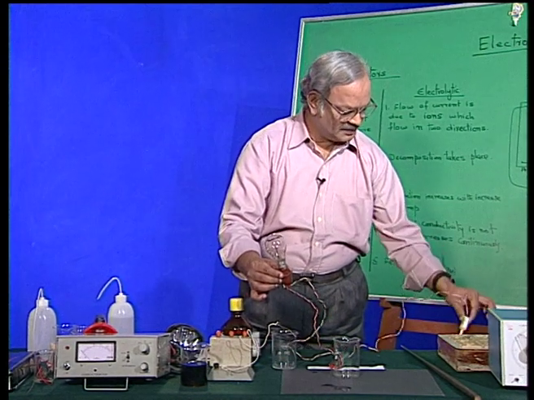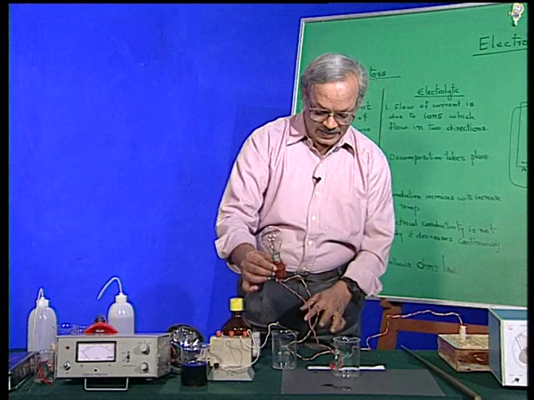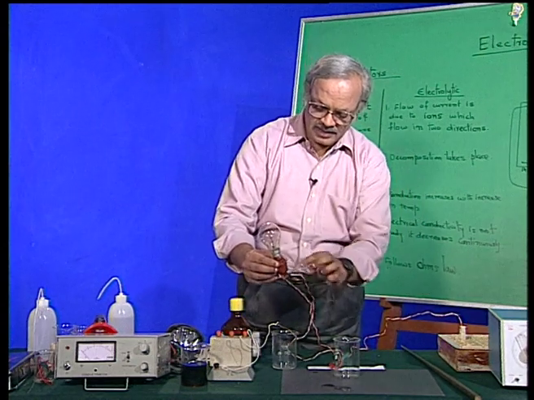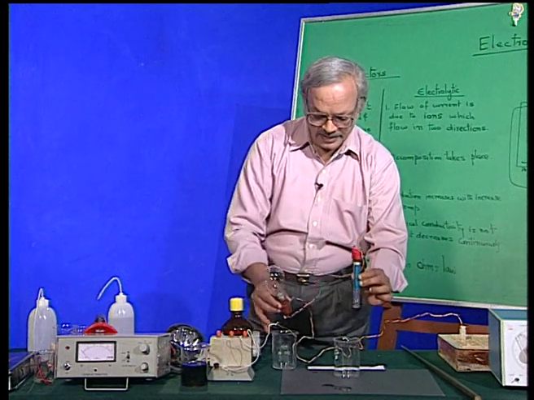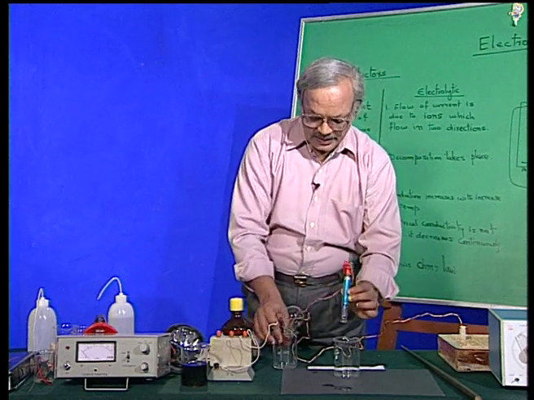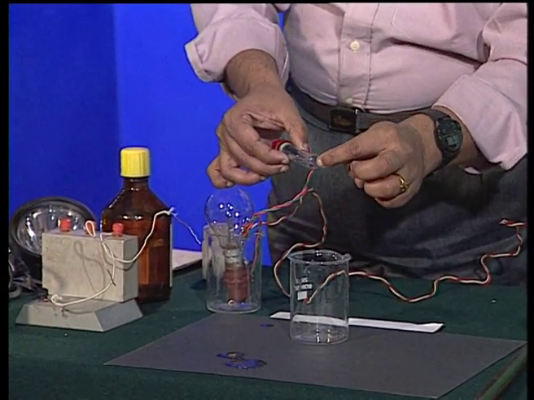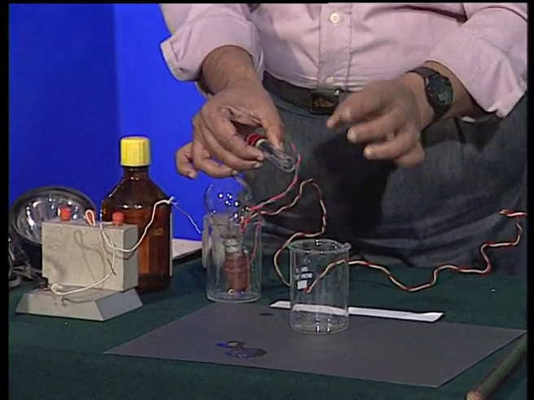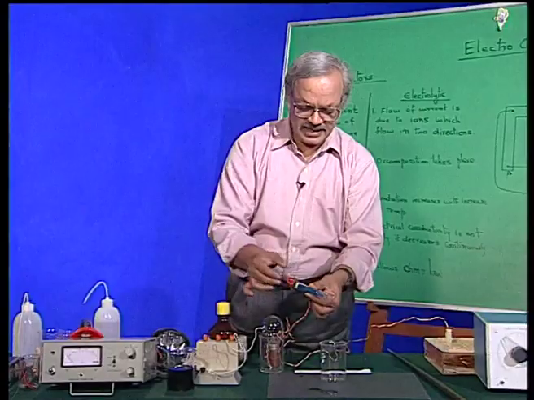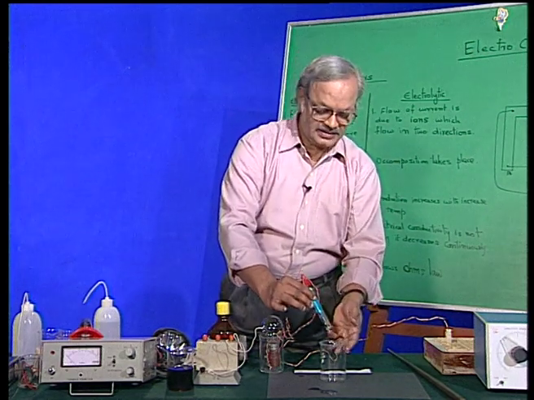Right now, the plug is switched off, and the other terminal of this wire is connected to a setup which has a platinum electrode. You can have a carbon electrode or any other electrode. For the sake of convenience, I have used a platinum electrode from one of the cells.